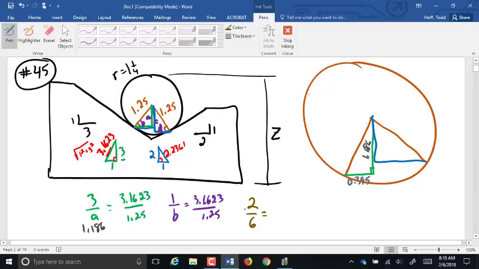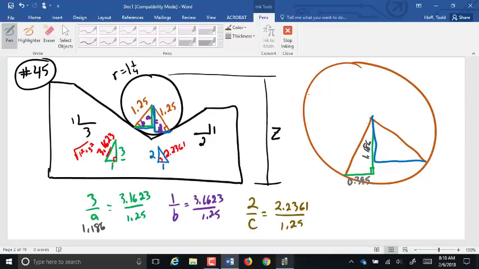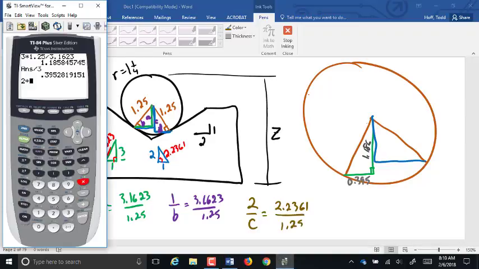2 is to C as 2.2361 is to 1.25. So 2 times 1.25 divided by 2.2361 is 1.118.